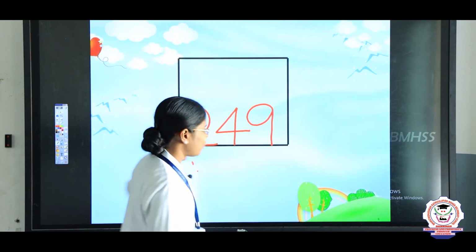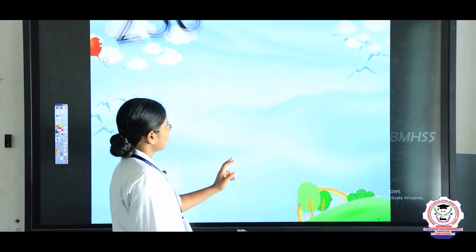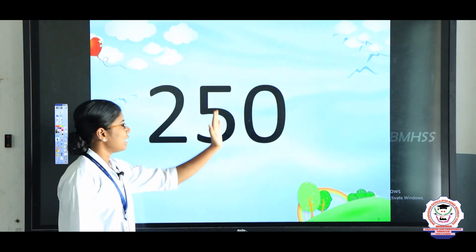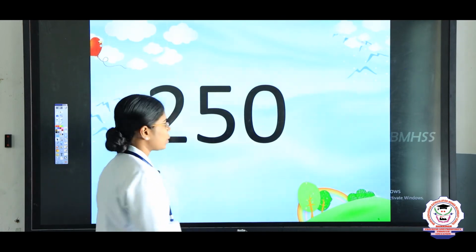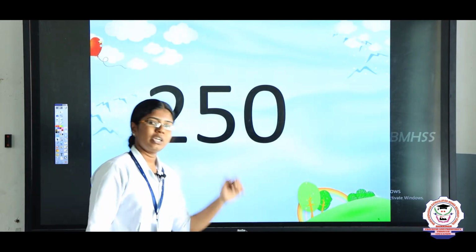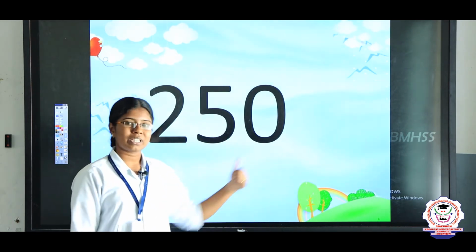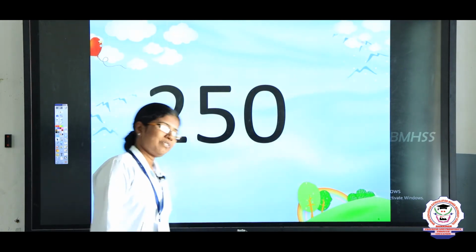So what will happen in the next number? Listen here. See here, we have changed the tens place value as well as the ones place value, so that we can get the number 250. What number is this? 250.